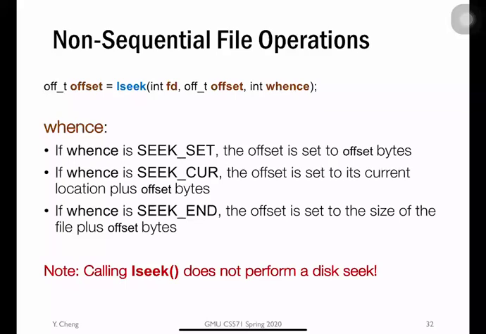It doesn't necessarily perform a disk seek, but simply manipulates this in-memory state, for example, that offset field, which is some in-memory state. So it has nothing to do with the underlying hard disk drive activities, mechanical moving parts, okay?